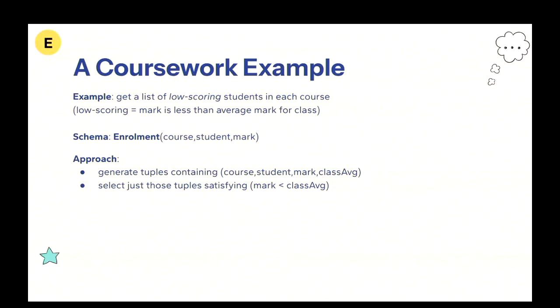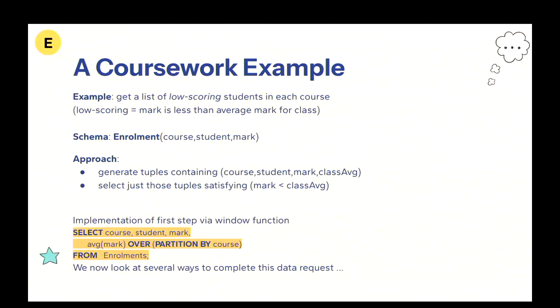And then we select just those tuples that satisfy the mark smaller than class average. The average mark is not across all classes. It's only for that class. So this is the tricky point here. We need to calculate the average score for each class.